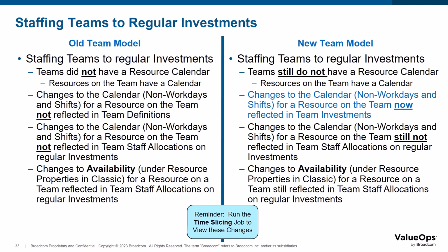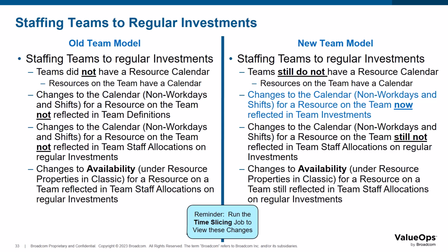If you made those same types of changes, non-work days or shifts, for a resource on the team, they were also not reflected on the team staff allocations for regular investments under the old model. And under the new model, they're still not reflected in the team staff allocations on regular investments.